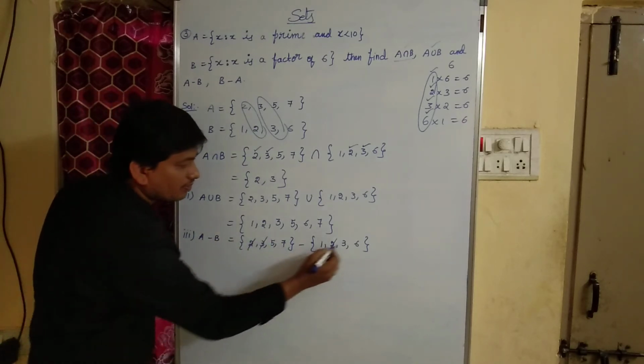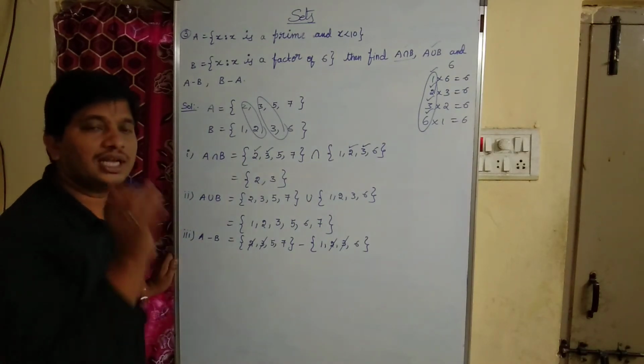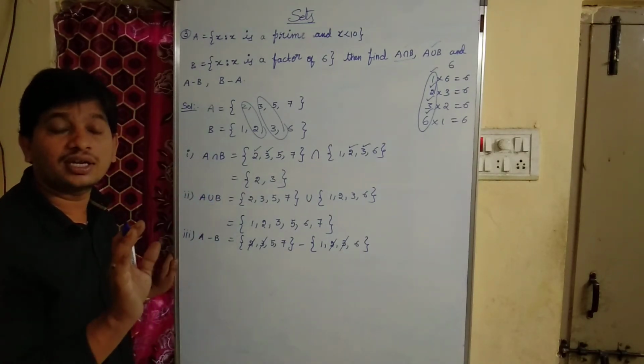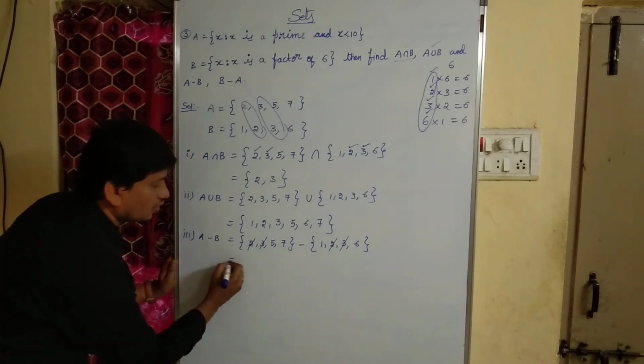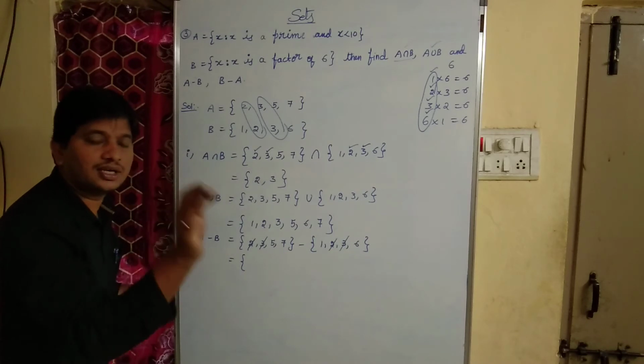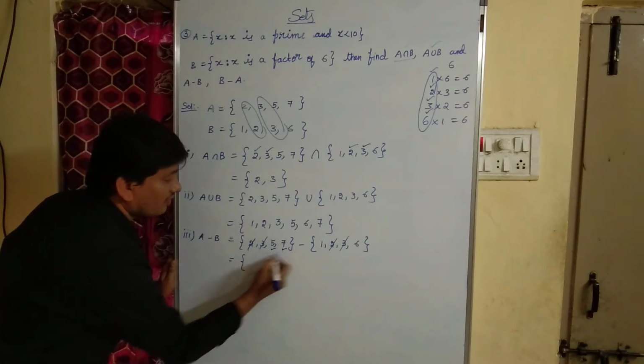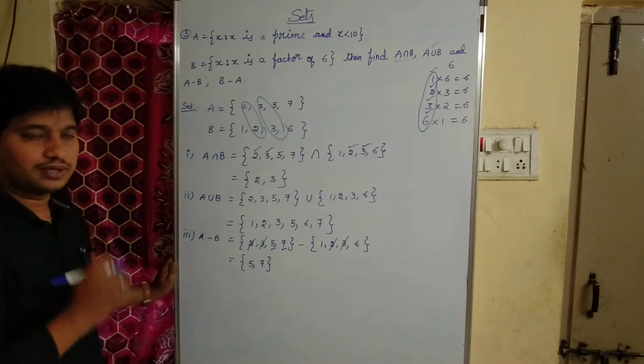As well as 3 is repeating, we need to cancel. A minus B means only elements which are there in set A but not in B. So, children, you don't write 5, 7, 1, 6. Only elements which are present in set A, that is 5, 7. So, A minus B is only 5, 7.